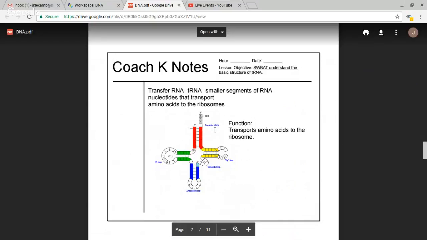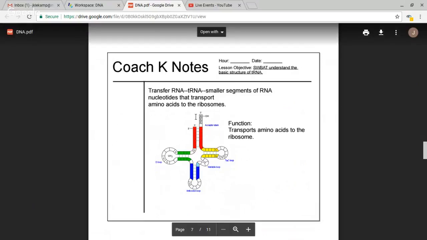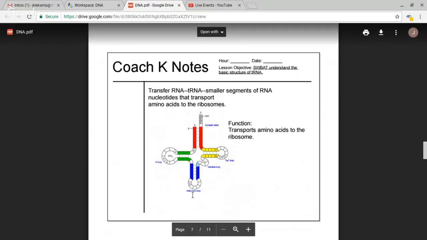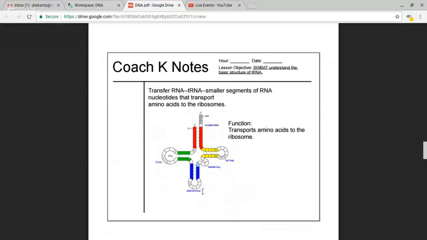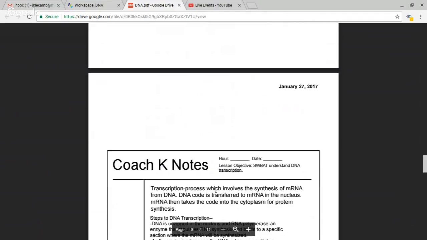Now, a codon is 3 bases, and that's how we segment the line of RNA so that we can understand what amino acid is going to be attached to this other end of the transfer RNA, because really that's the job of the transfer RNA, to bring the amino acids to the ribosomes. So you would have 3 complementary bases here that are going to match up with the line of RNA as it goes.